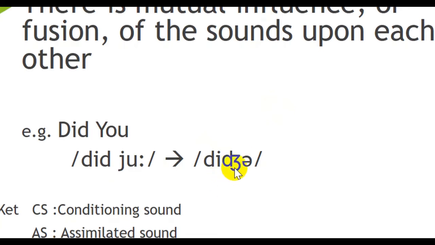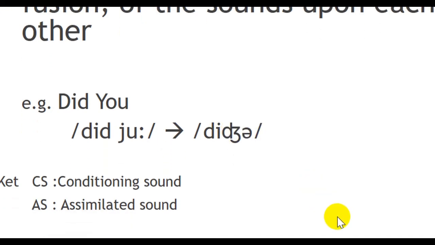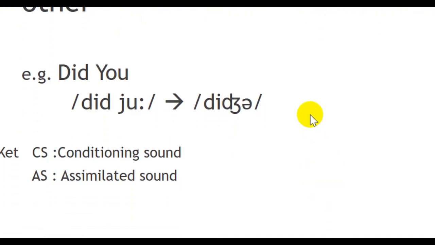So the sound d and y becomes j. Why? Because "you" usually changes into the weak form. So instead of saying "you," it becomes "ya." So "did you" becomes "didja." Same as in "want you," "can't you."